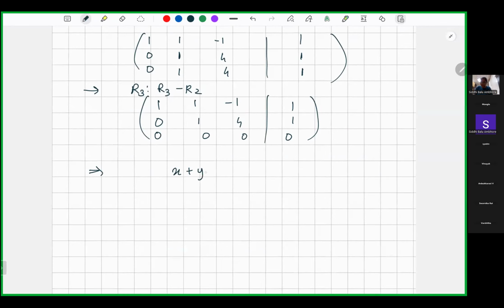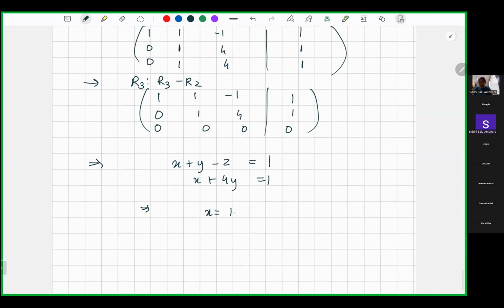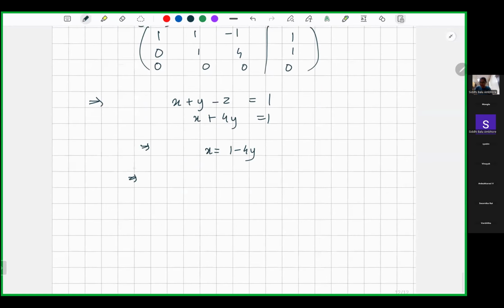So now this is x plus y minus z is equal to 1, and this is x plus 4y is equal to 1. This will give me x is equal to 1 minus 4y. Calling these equations 1 and 2, substitute x equal to 1 minus 4y into the first: 1 minus 4y plus y minus z is equal to 1.